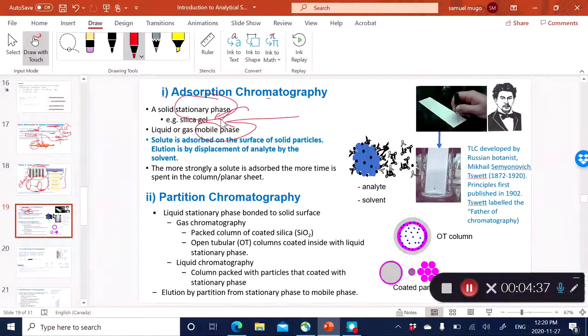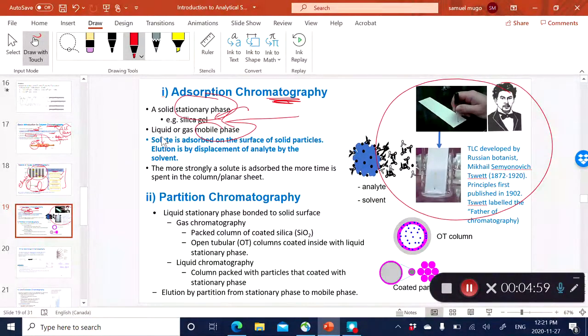Now, as I've said, adsorption chromatography is a traditional method that was largely developed by this gentleman, Mikhail Tswett, who developed thin layer chromatography. In fact, he's often labeled as the father of chromatography because that's where all chromatography started.